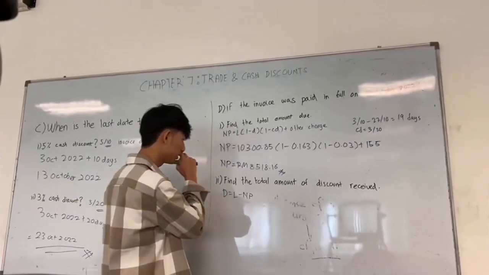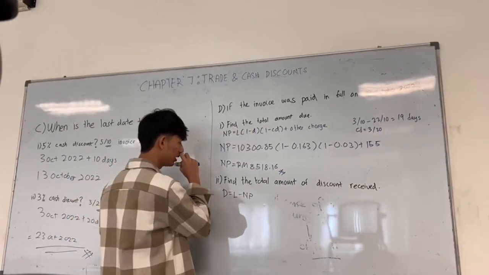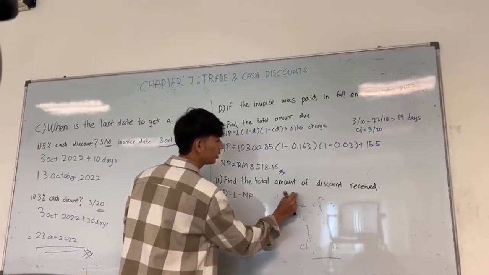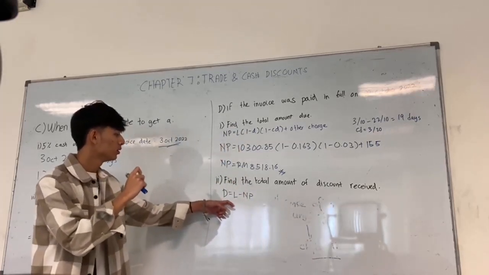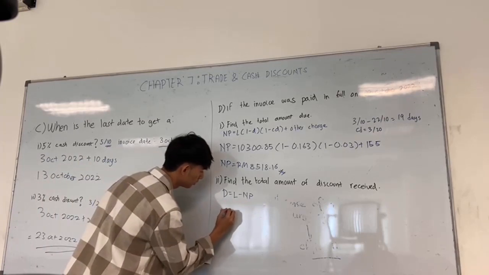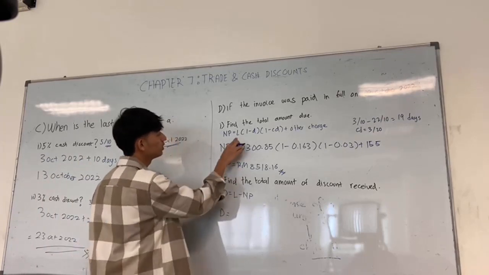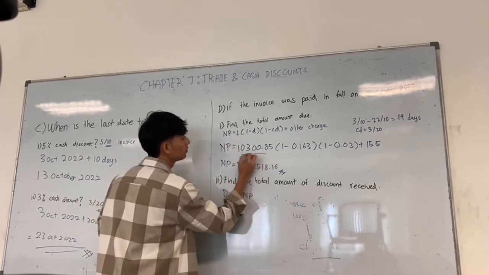We continue with the second Roman answer, which asks us to find the total amount of discount received. This is the formula. We know that D equals L minus NP.